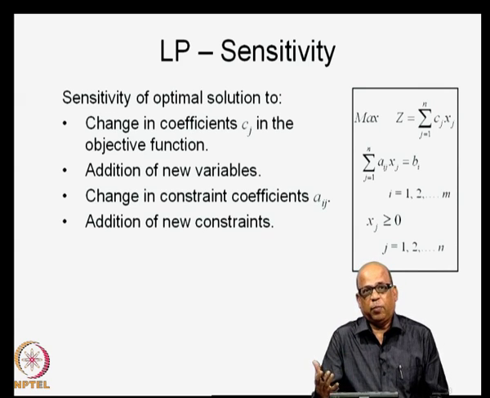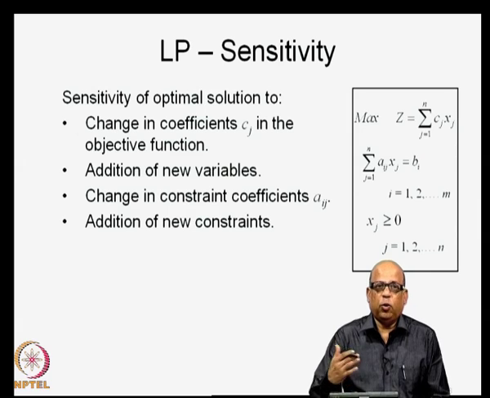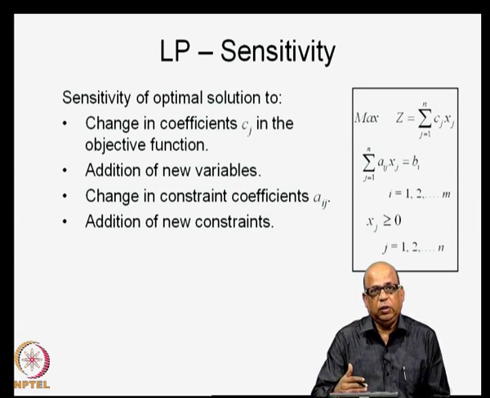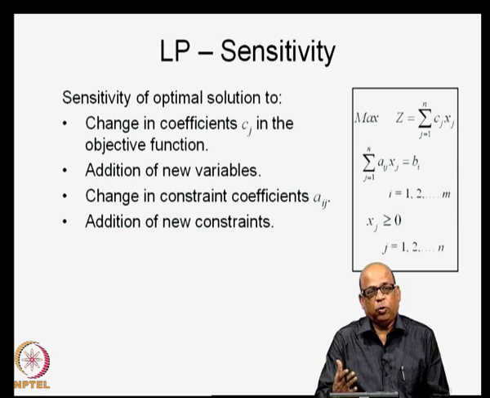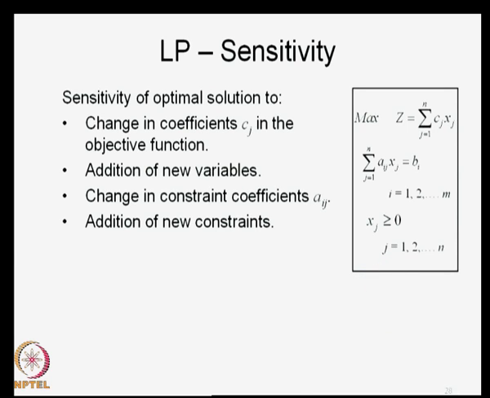Let us say your physical problem, you have already solved with a simplified version of the formulation. Then you may want to add a few more constraints and examine what happens to the optimal solution. All of these constitute the sensitivity analysis, and we need not resolve the problems for getting the answers to these questions. So, we will continue the discussion in the next class.